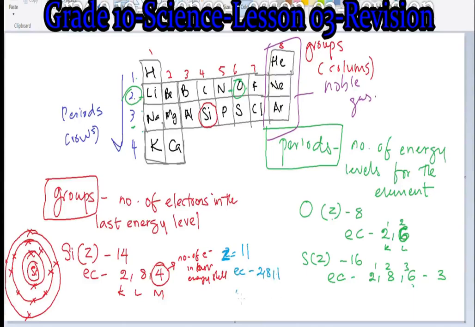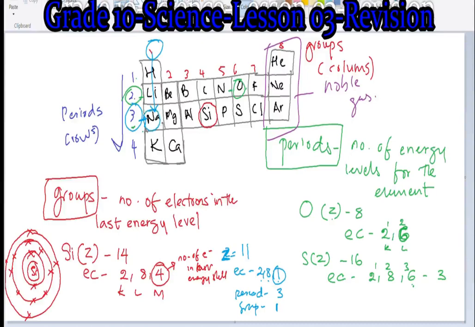So what is the group? What is the period? Period is 3, because it has 3 energy levels. Group is 1, because there is only 1 electron in the last energy level. So group 1, period 3 is sodium.